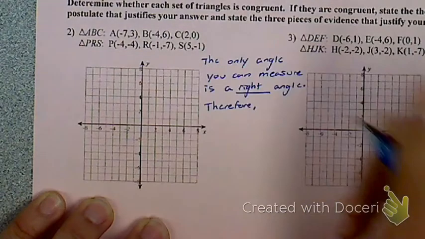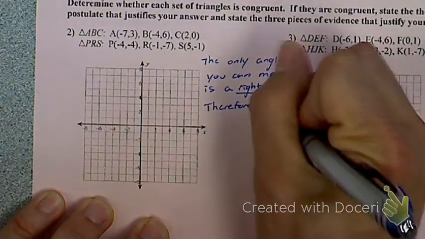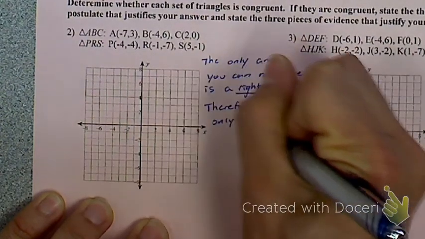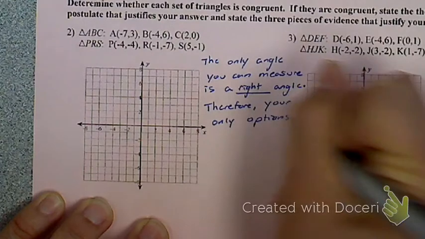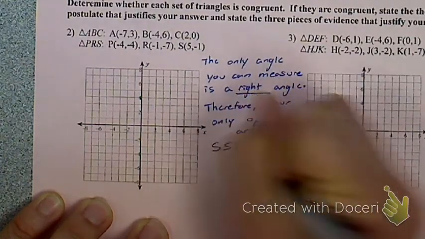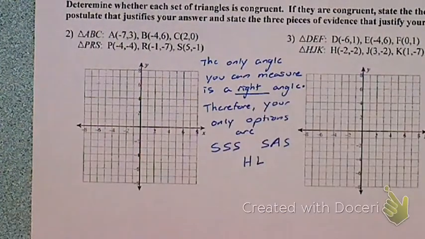Therefore, your only options are side, side, side, side angle side, and hypotenuse leg.